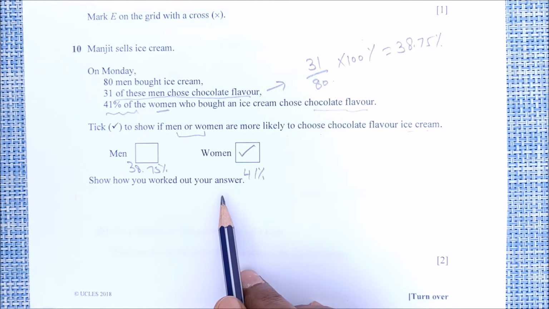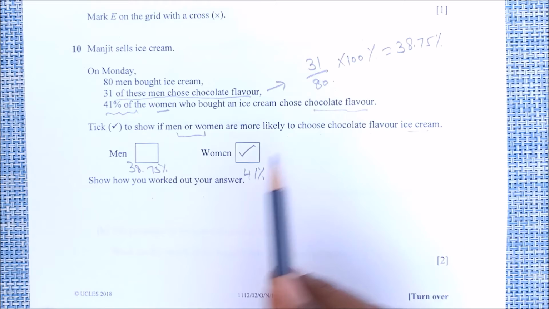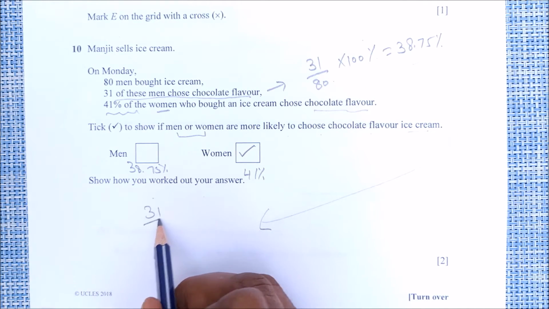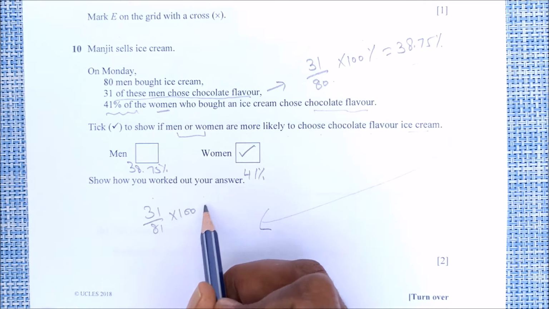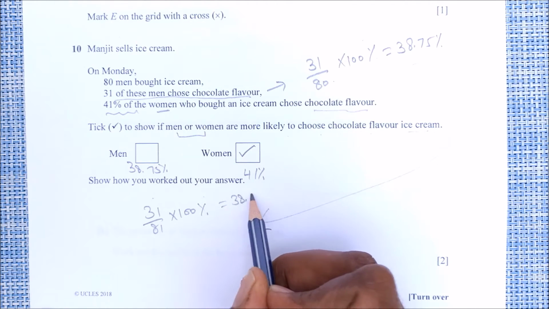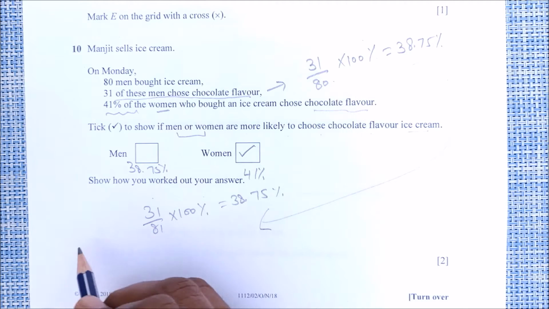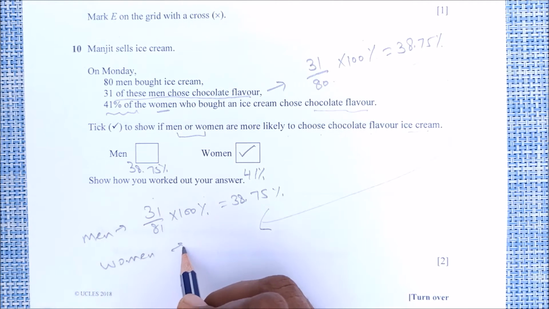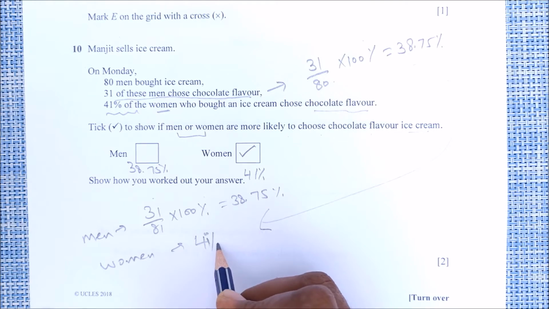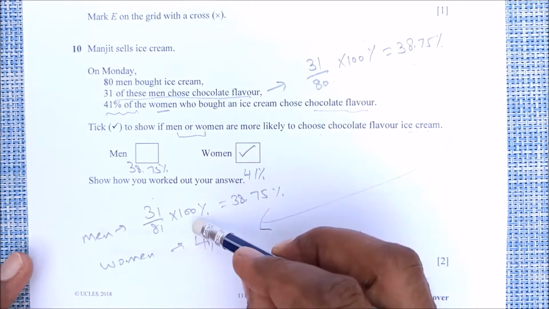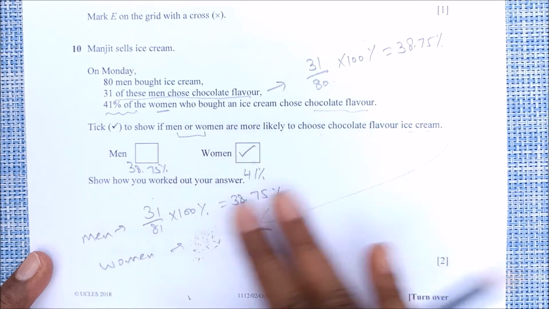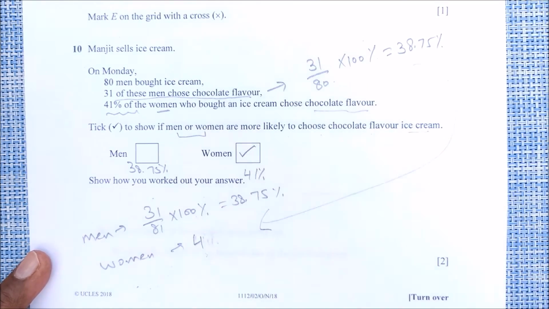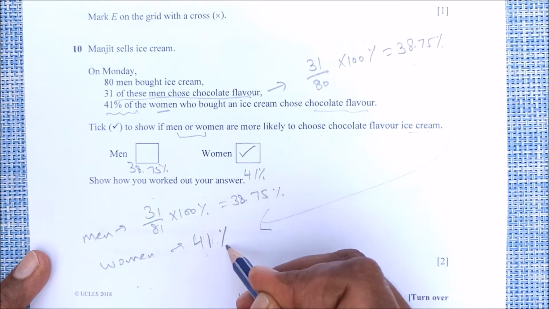So show how you worked out the solution. All the working should go here. So 31 over 80 times 100 is 38.75%. This is for men, and for women it's already given to us, 41%. So based upon this, we can say that women are more likely to choose the chocolate flavor.